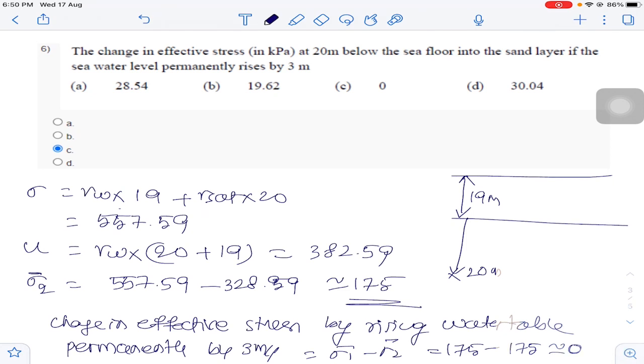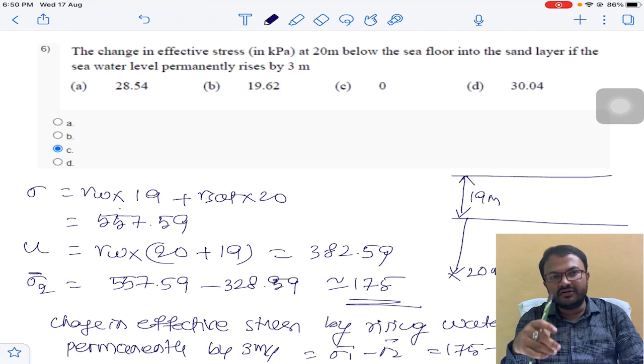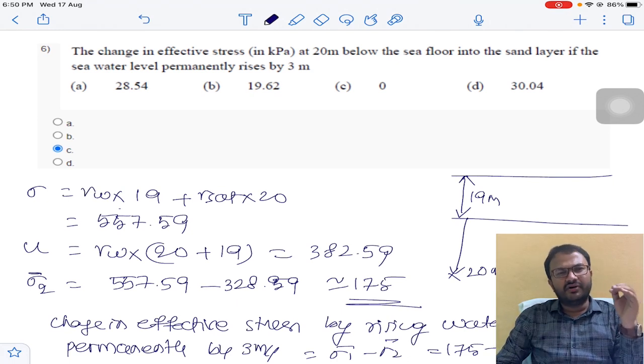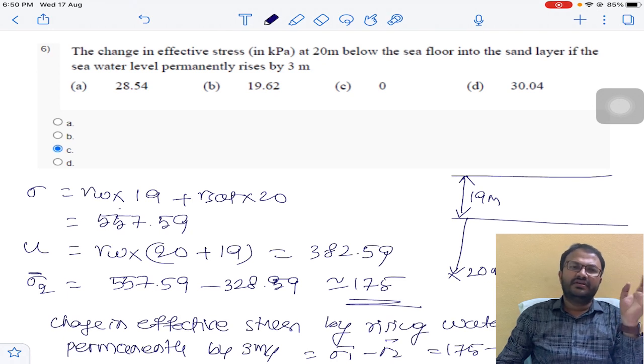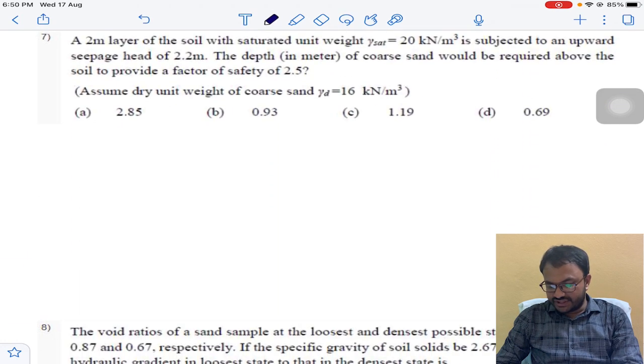Clear? So here we need to draw a conclusion that by raising the water table by some depth, there is no change in the effective stress. Clear? Next question.